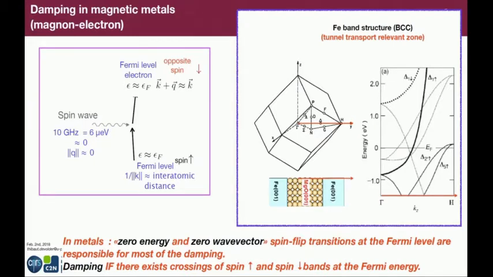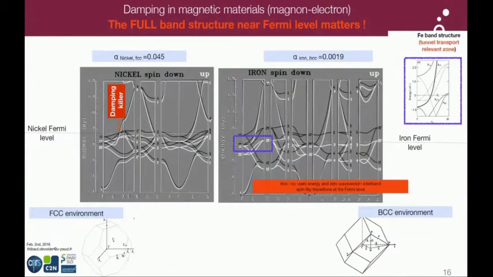Don't be scared, I will show the full band structure of iron, and also the full band structure of nickel. The part that I was showing before was just this small violet box here that was zoomed in. If you go on looking at the Fermi level, this white dotted line, you can see that definitely there is no band crossing at the Fermi level for spin-up and spin-down bands for iron.